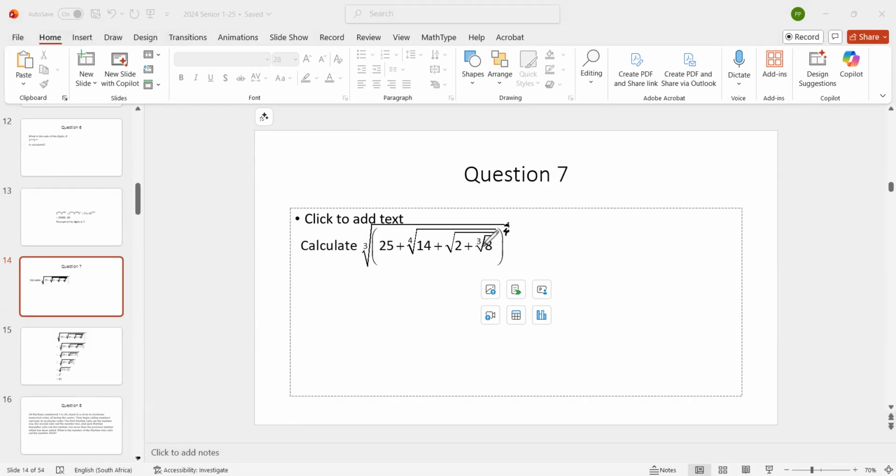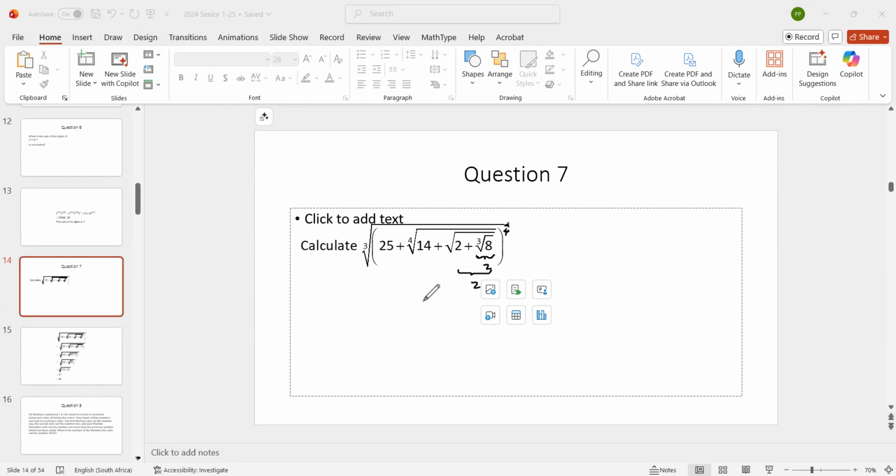The inside one is cube root of 8. So this part here, cube root of 8 is 2 times 2 times 2. The cube root of that is 2. So this thing here is 2. Now you got 2 plus 2. 2 plus 2 is 4. So the square root of 4 is 2. So this is square root of 2 plus 2, which is square root of 4.